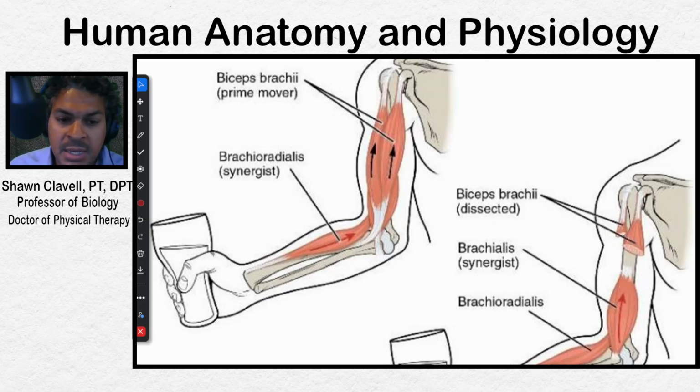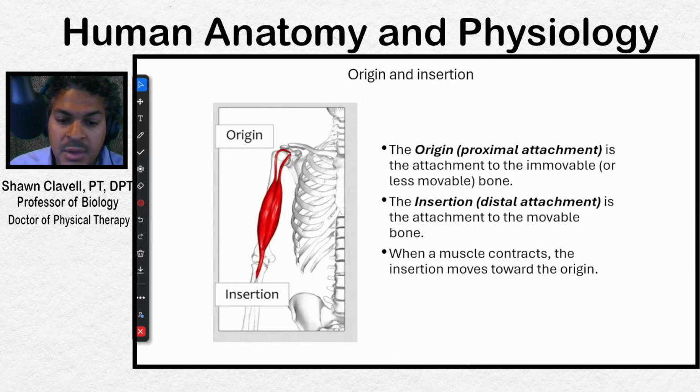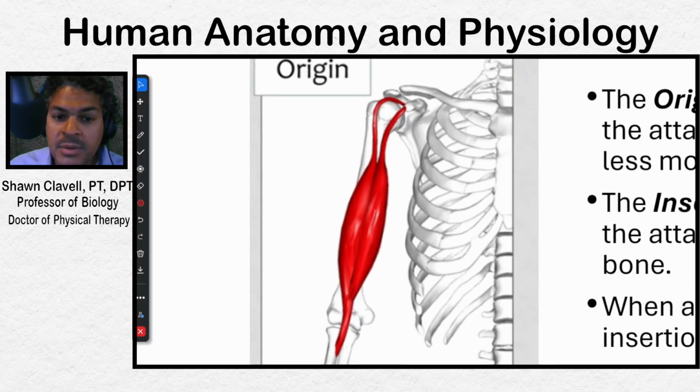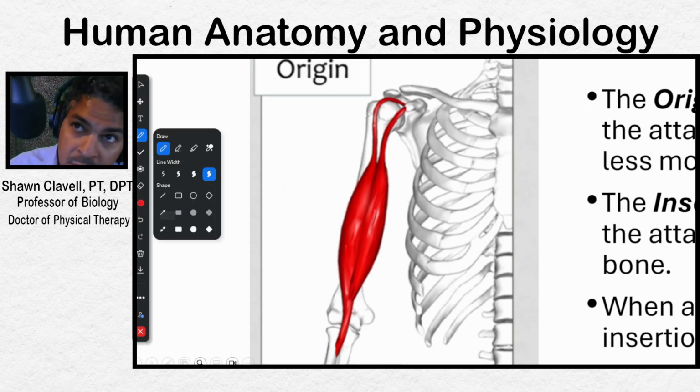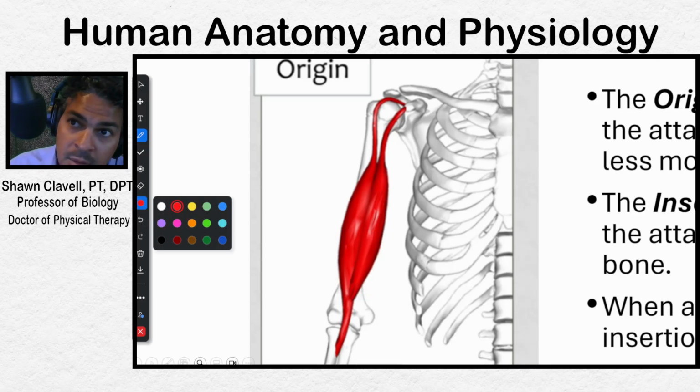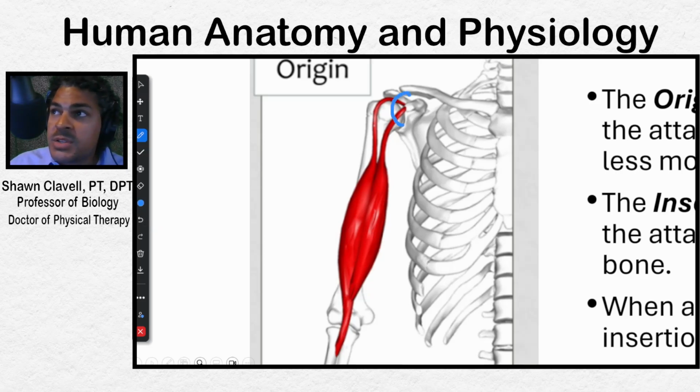So again, this concept here of the biceps brachii, this is the example of the biceps brachii here in the slide. And so what we have is a muscle that starts clear up into the shoulder. It stops all the way down at the, what is that?